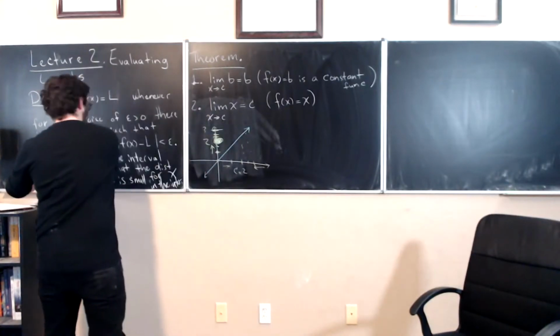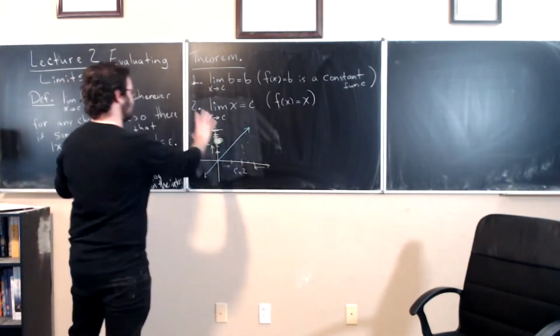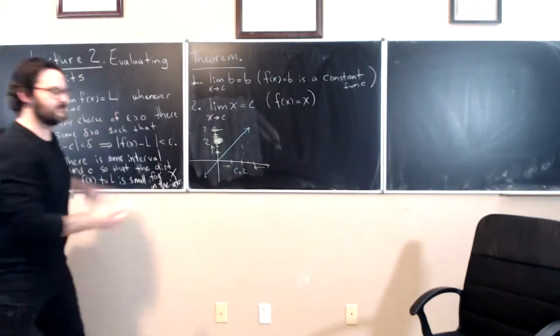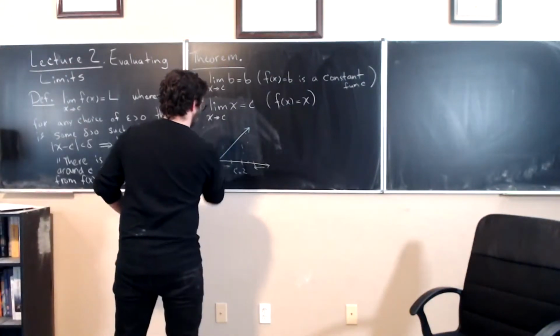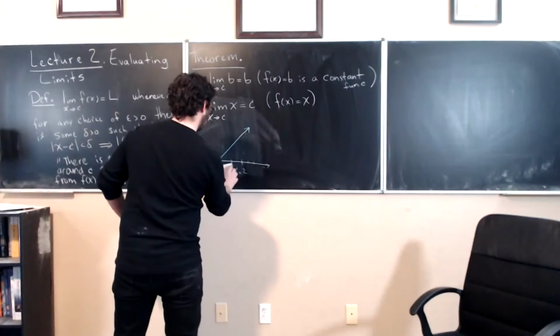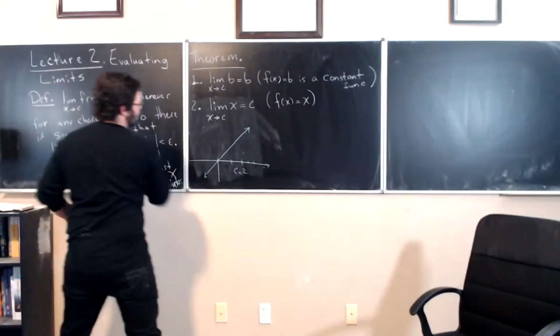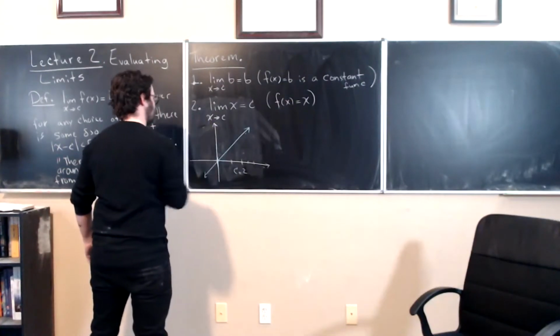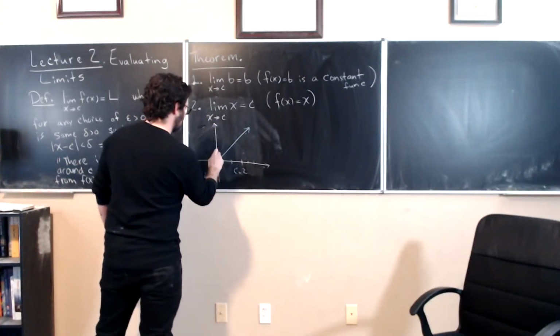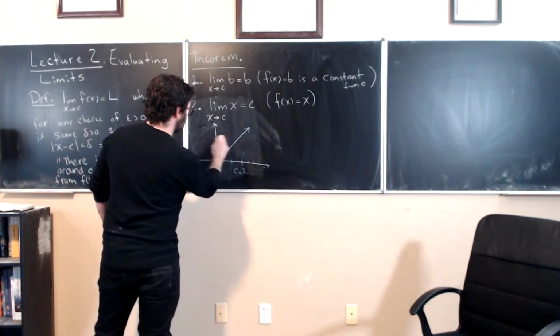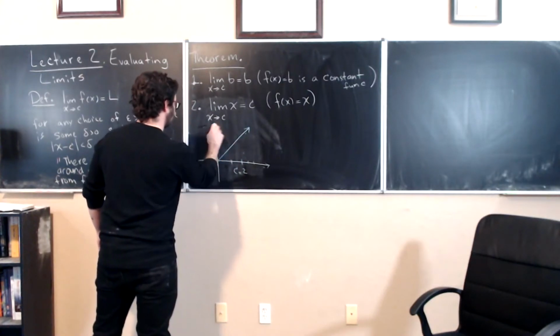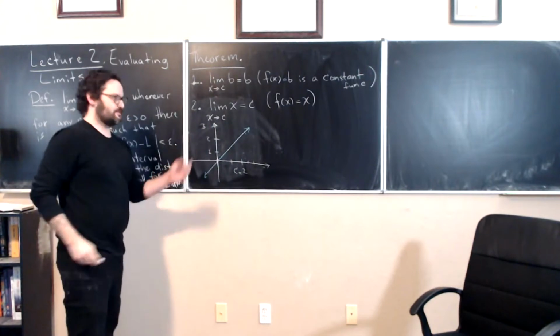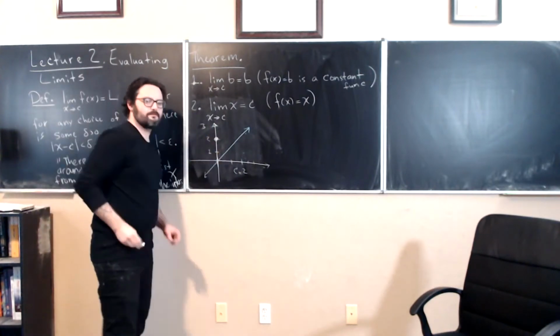Like if we wanted, this is actually probably a good example to illustrate this definition again. Don't want to get rid of my nice line there. Okay, so 1, 2. Right, like we can pick any, so this is the proposed limit right there, right?